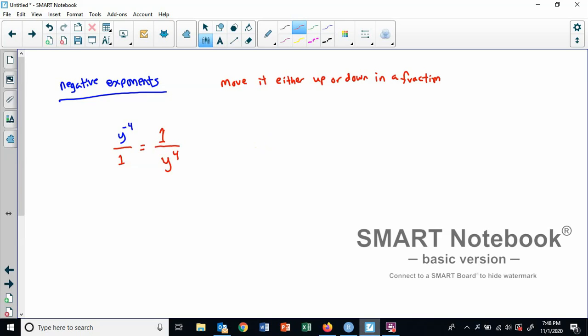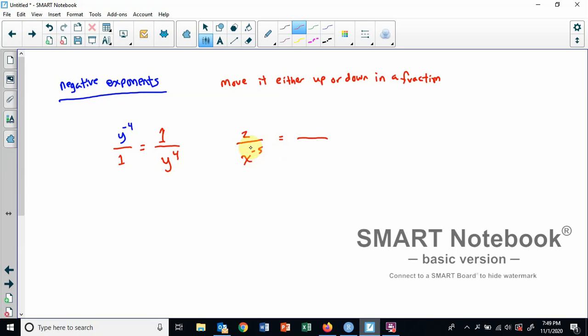So let me give you another one to fix. How about one like this? 2 over x to the negative 5. Let me try making that negative a little bit neater. So 2 over x to the negative 5. You look at this and you say, I'm not allowed a negative exponent. So this is in the bottom of the fraction, so it's going to move to the top.